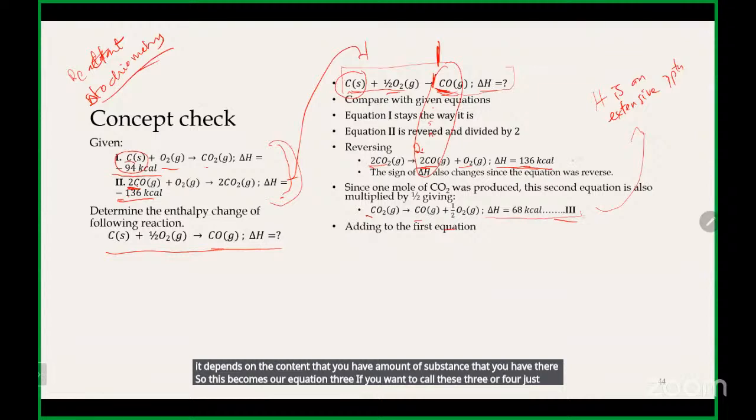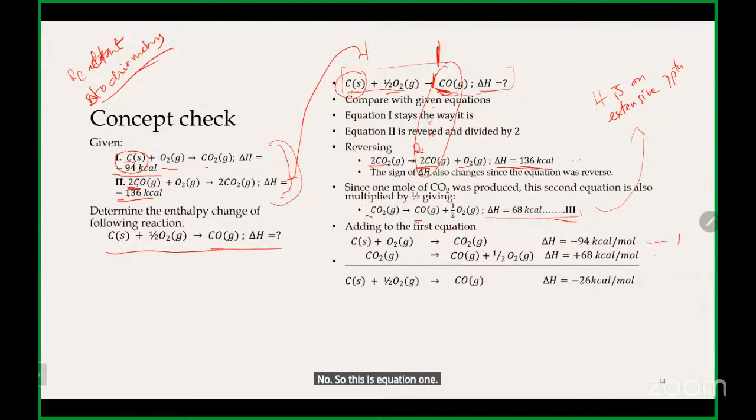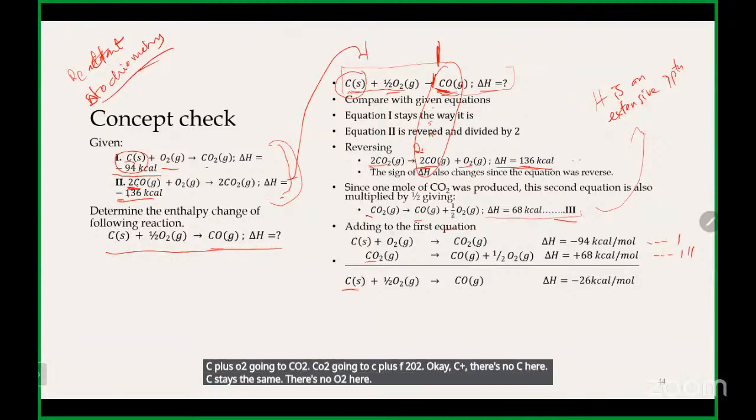When this becomes equation 3, we can add equation 3 to equation 1. This is equation 1, this is equation 3: C plus O2 going to CO2, CO2 going to CO plus half O2. There's no C here, C stays the same. There's no O2 here, but there's half O2 here.